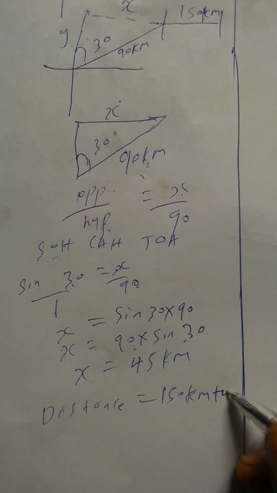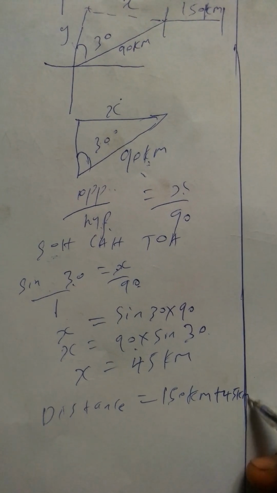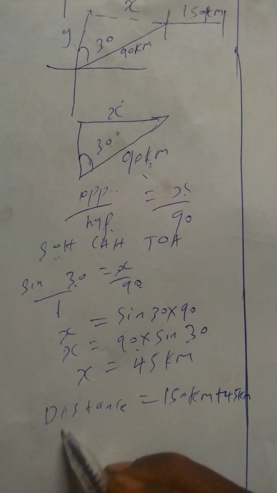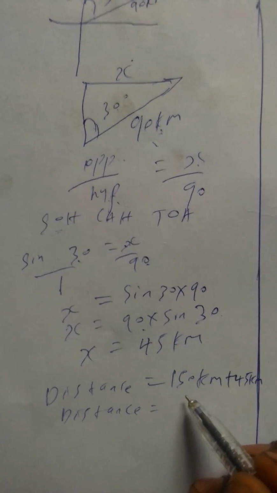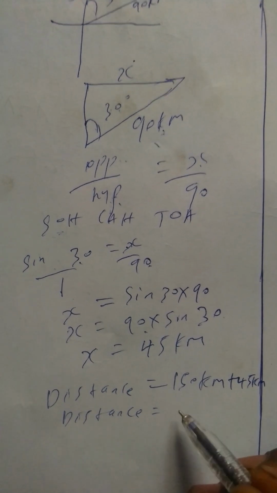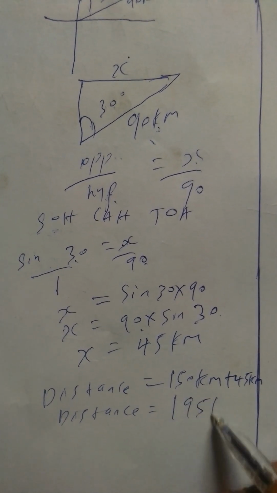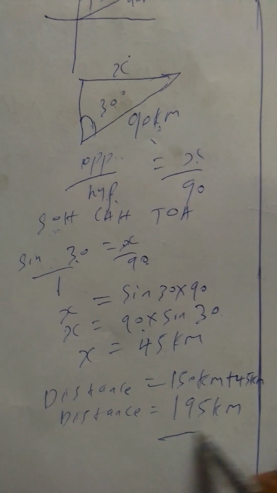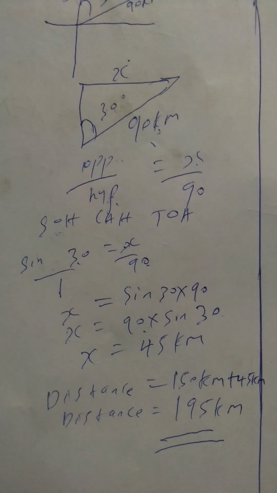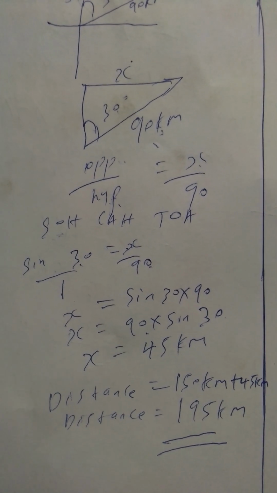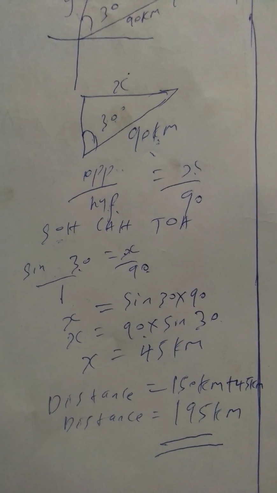So we have plus 45 kilometers. So distance now is equal to 150 plus 45, which is 195 kilometers. So this is now how far east of the starting point the plane is.